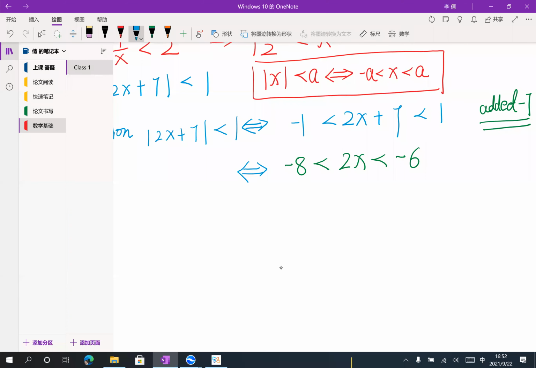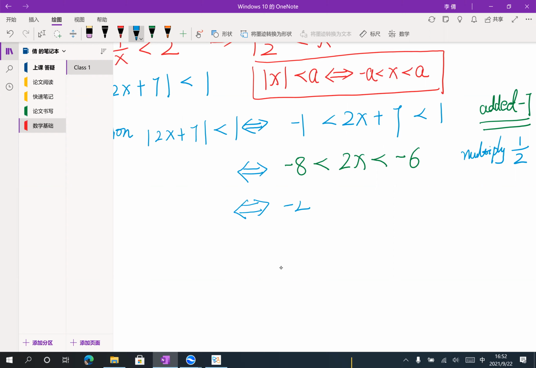And from this inequality, if we multiply 1/2 on both sides, minus 8 multiplied by 1/2 will be minus 4.